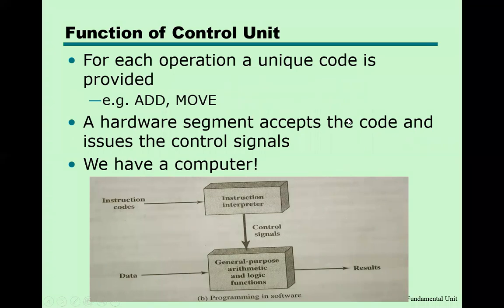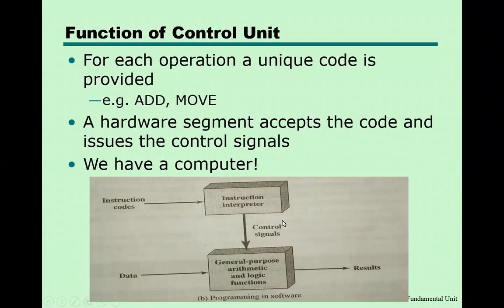Now if you add a new functionality to the hardware, that is the instruction interpreter. In the instruction interpreter, you can now provide an instruction code as well as data. So you can see here there are two types of input, instruction code and instruction data.